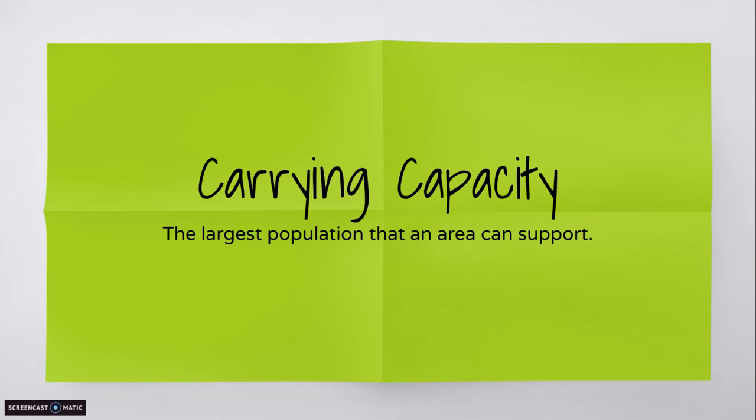Carrying capacity is not always the same, and the size of a population can vary. It's not always going to stay the same, but it's usually going to stay near the area's carrying capacity. So with the giraffe example, the population's probably going to stay around 10, but it could go higher than that occasionally, and it could drop below that, but the population is going to generally stay around that number.